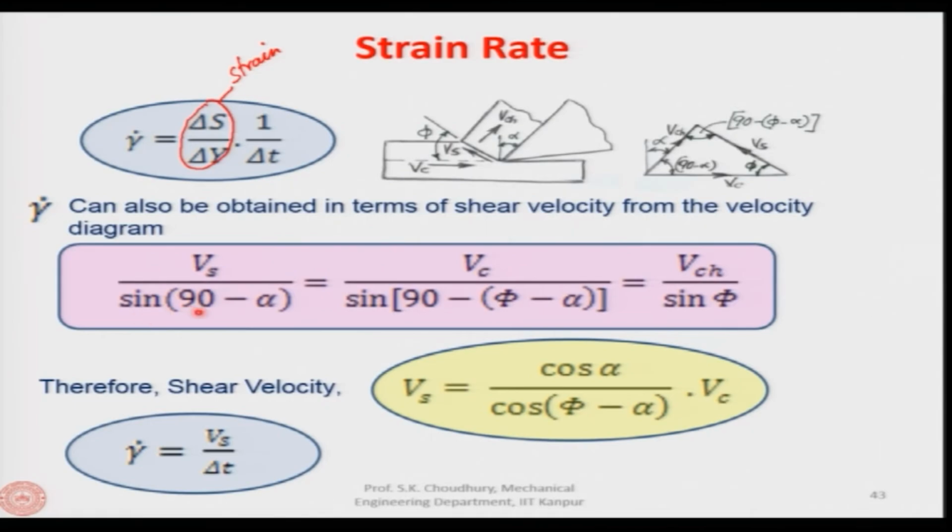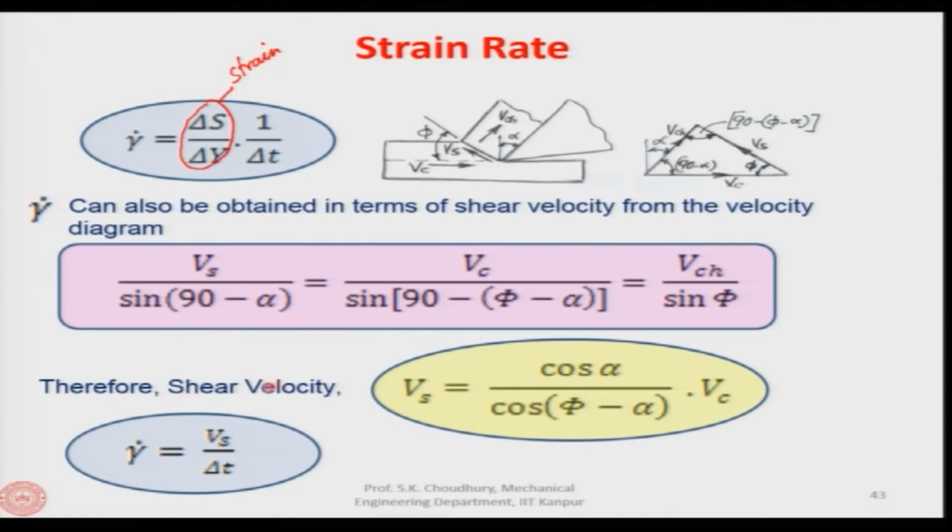Vs divided by sine of 90 minus alpha, which is the cos alpha, equal to Vc divided by sine of 90 minus phi minus alpha, which is cos of phi minus alpha, equal to Vch divided by sine phi. So, therefore, the shear velocity Vs we can find out through the Vc as Vc sine of 90 minus alpha divided by sine of 90 minus phi minus alpha, which is the cos phi minus alpha.